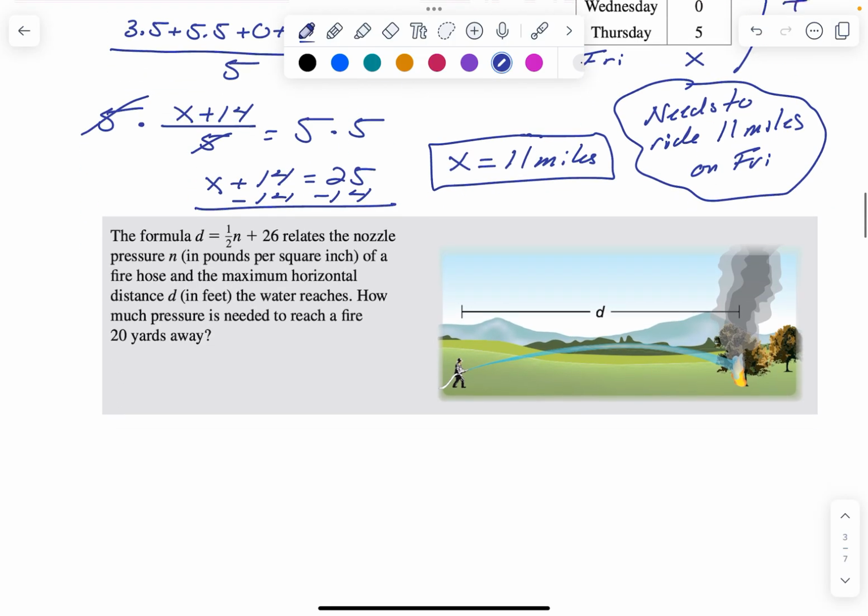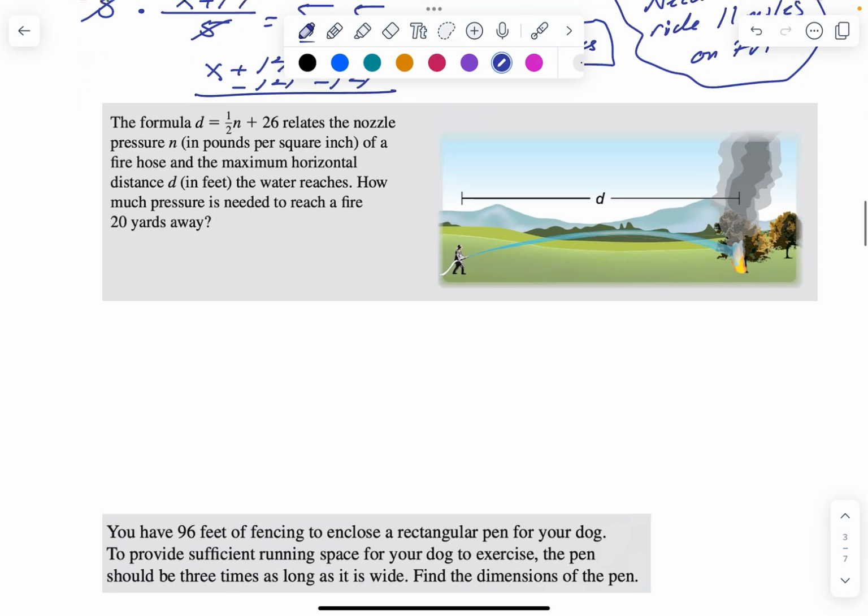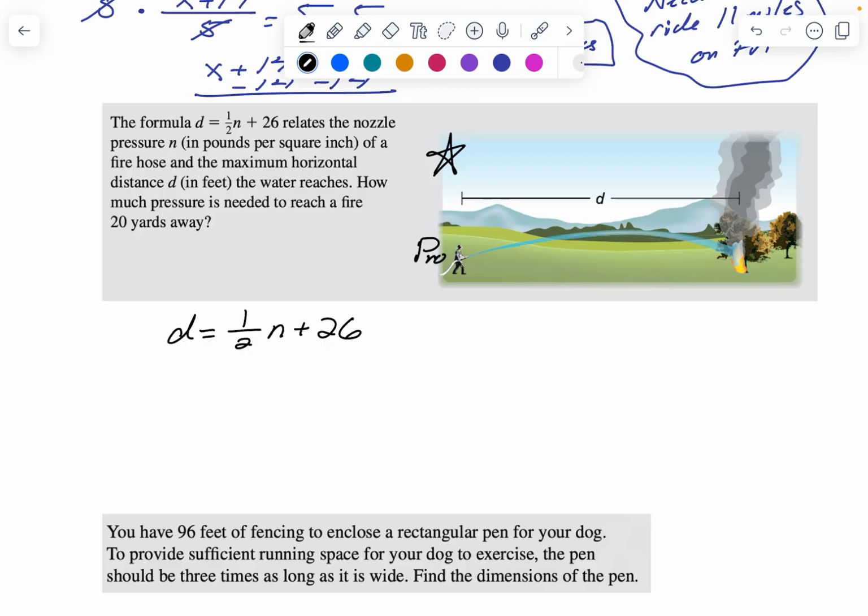All right, this next one comes from the book, and it's tricky, and I'll show you why in a minute. They give us this formula: D equals 1/2 n plus 26. Notice the picture right here: it relates the pressure of this nozzle to the distance.